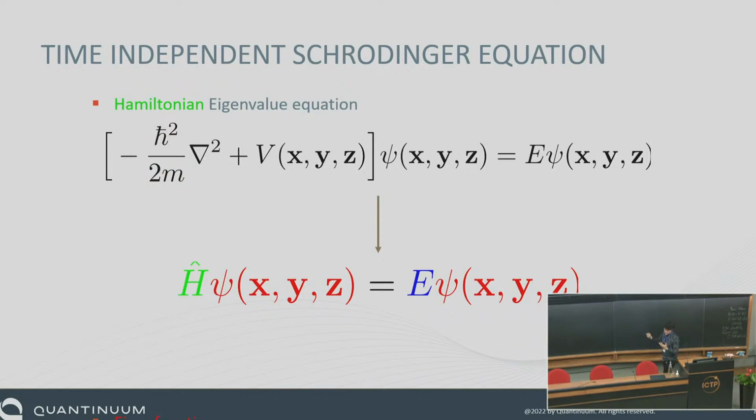So we're just talking about a single particle here. And then we can group all these terms as this H operator here. That will generate the same wave function, psi, and this energy weighting here. So this is what we're trying to solve to get the wave function, given a potential and some boundary conditions.